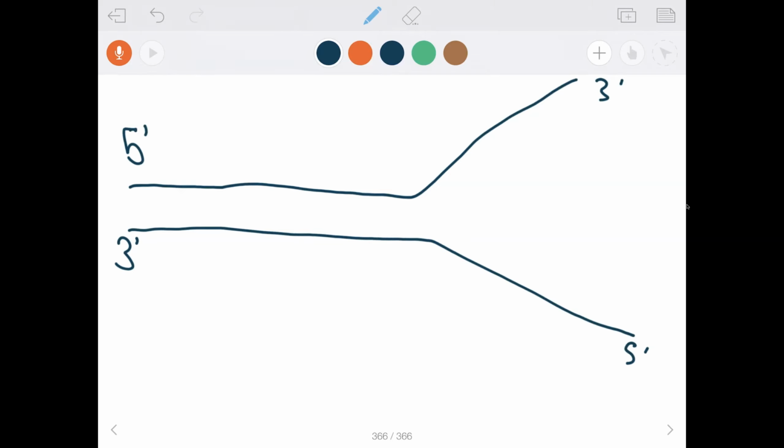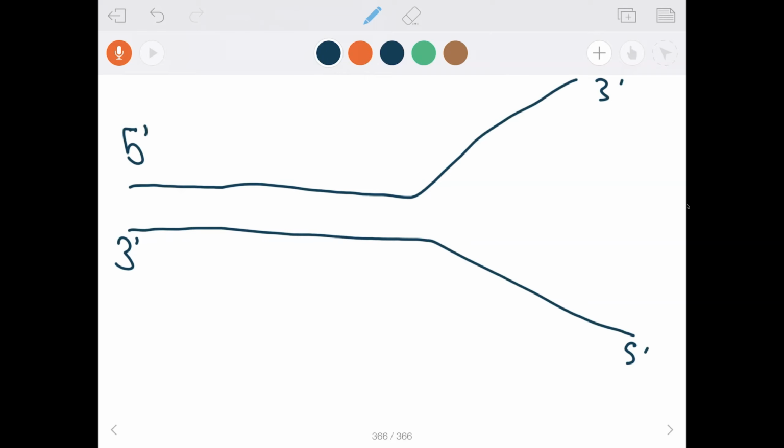So the top strand is 5' on the left, 3' on the right. The bottom strand is 3' on the left, 5' on the right. If you recall, there's a very specific reason why the strands have to be opposite of one another. And hopefully you remember they're anti-parallel because of the nucleotide structure.